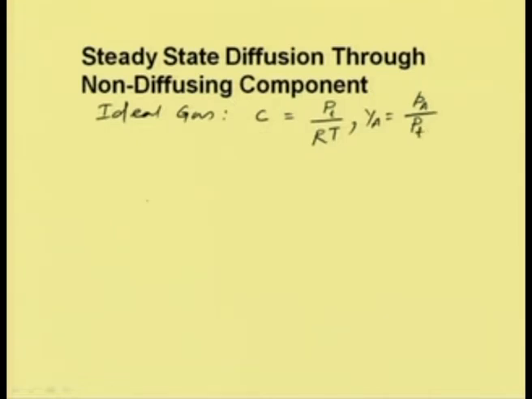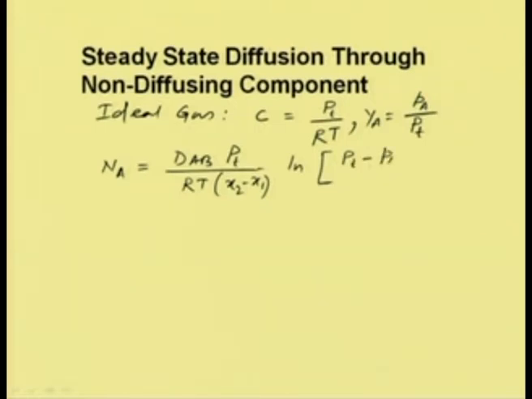So, in terms of partial pressure, we can write the earlier equation: N_A is equal to D_AB P_t by R T (x2 minus x1) into ln of (P_t minus P_A2) divided by (P_t minus P_A1), where P_A is the partial pressure of component A at the respective location.